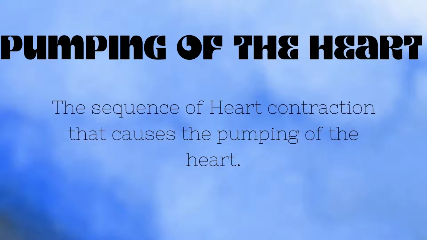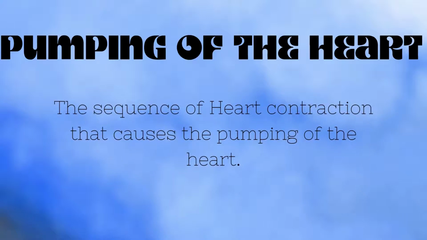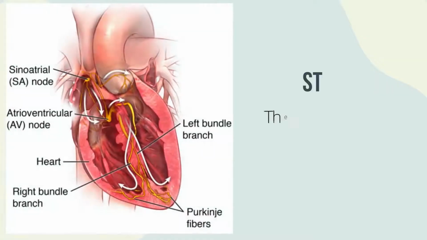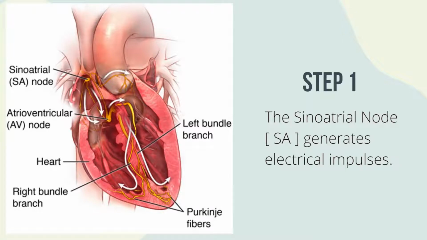Now let us take a look at the sequence of heart contraction that causes the pumping of the heart. Step 1: the sinoatrial node, also known as the SA node, generates electrical impulses. I have explained more about this just now.